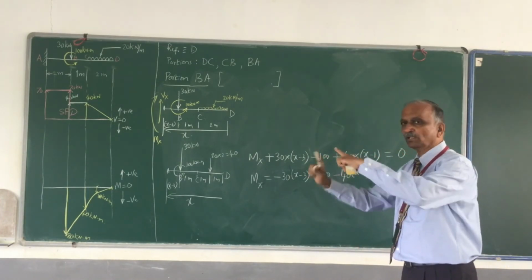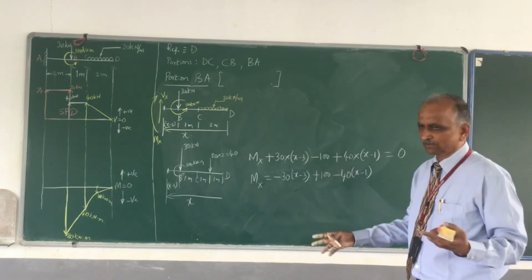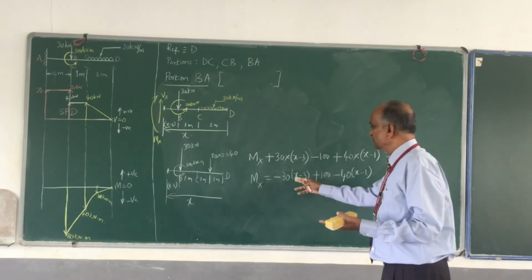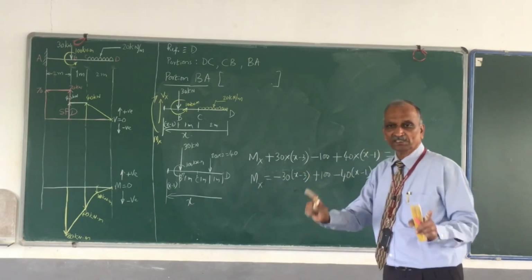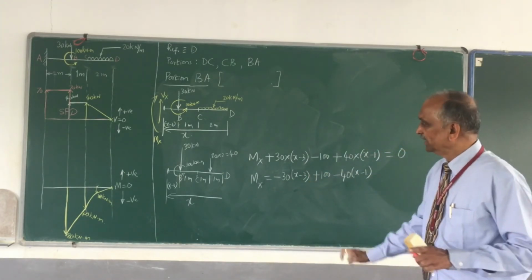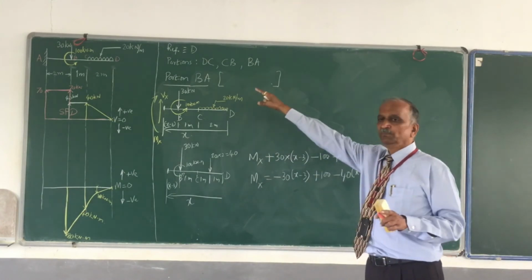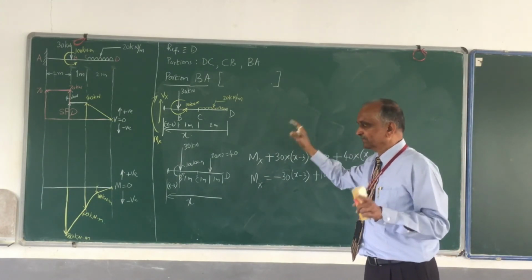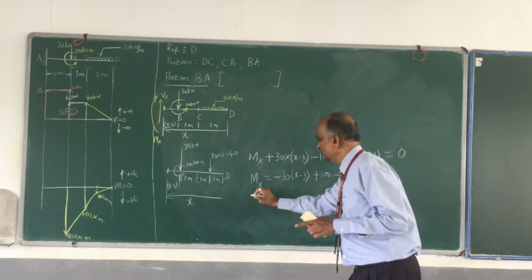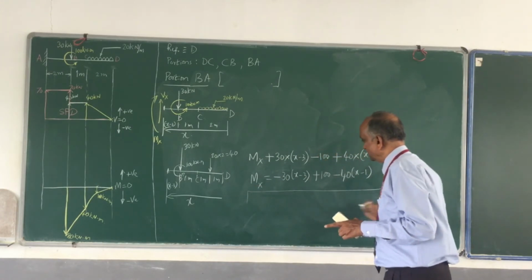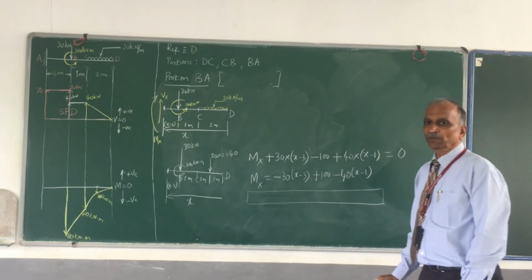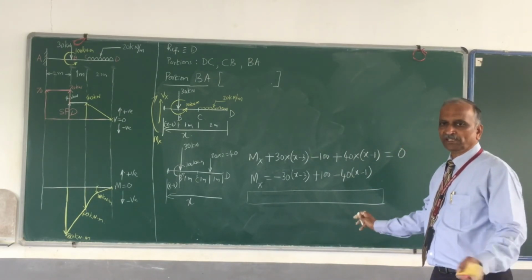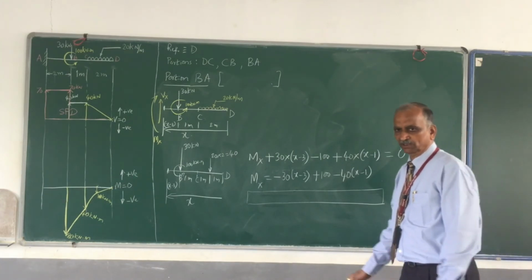I don't have the product x into x. Such terms are not there. It is only x raised to 1, and therefore the variation is a straight line. The bending moment between B and A varies linearly. Please make that observation, it is very important.